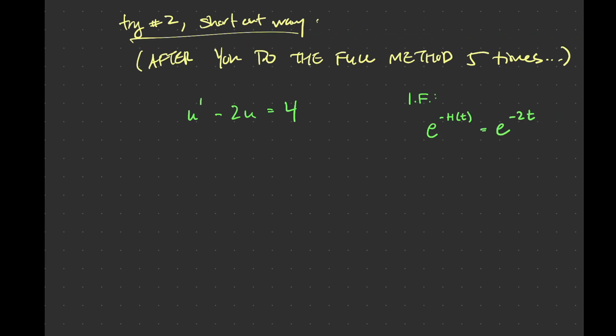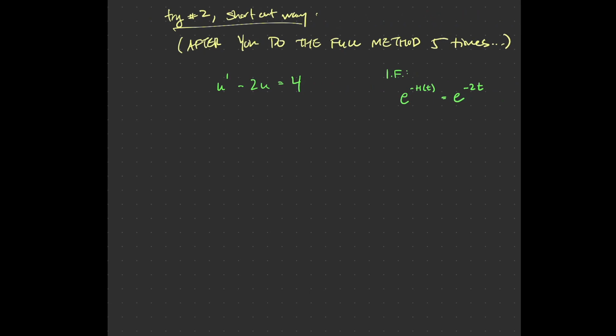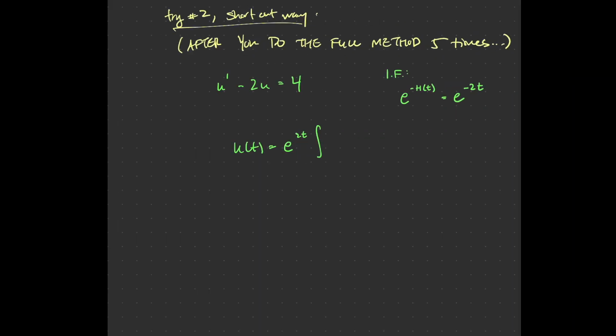Then just using the formula we saw at the end of the method, u of t equals e to the big H of t, so positive e to the 2t, times the integral of g times e to the minus h of t, so 4 e to the minus h of t dt, plus c e to the h of t. And you see we're right back where we had the solution at the end of the last attempt. You can carry this forward, and you've got negative 2 plus c e to the 2t.